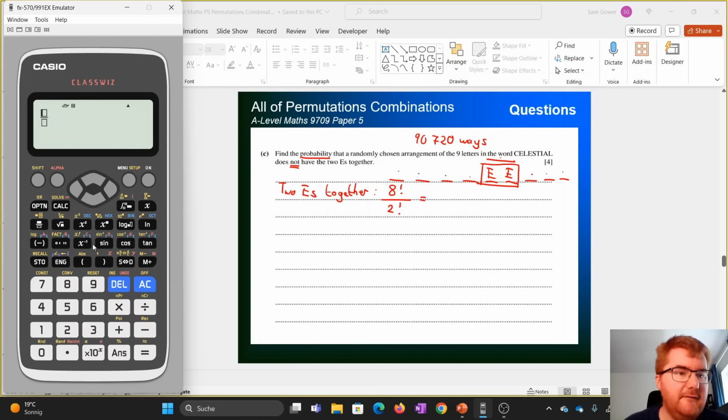So we have 8 factorial divided by 2 factorial. That gives us 20,160.